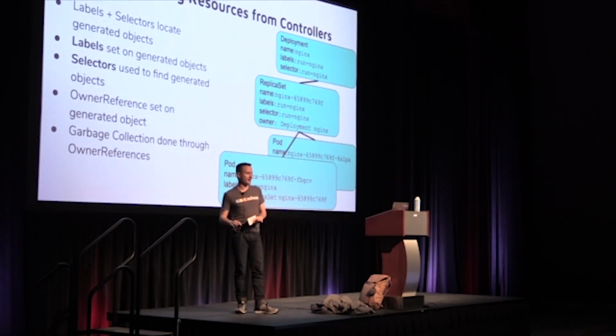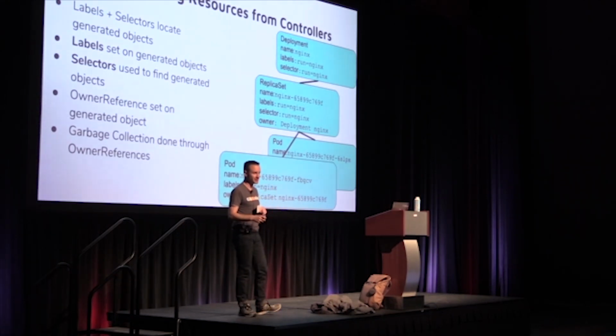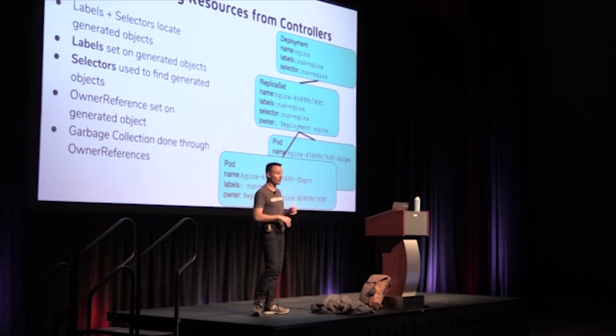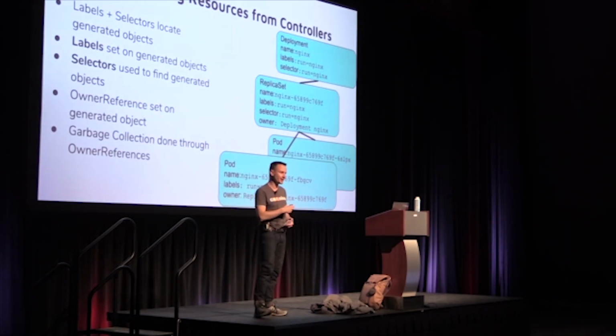And the deployment sets labels on the replica set, and then has this selector. And the selector allows the deployment to query that set of labels and find the replica set. And the same thing, the replica set has a selector for the pods it's created.